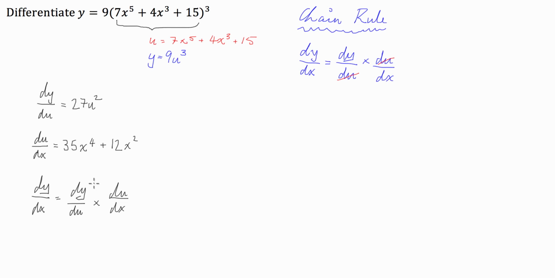Now, we fill in our dy du, which is 27u squared, and we have to multiply it by du dx, which is, I'll put it in brackets, 35x to the 4 plus 12x squared. So here is basically how our formula is going to look at the end. But we're still one step away from finishing.